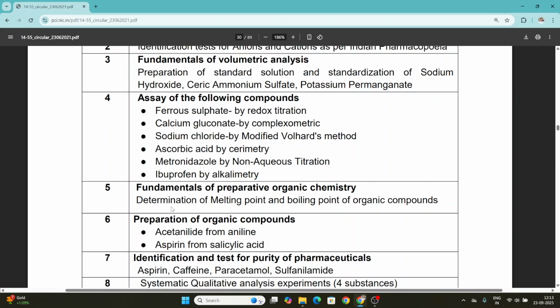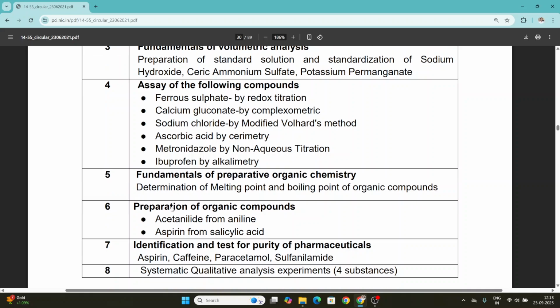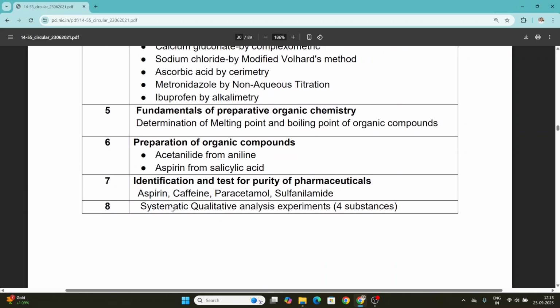5. Fundamentals of preparative organic chemistry, determination of melting point and boiling point of organic compounds. 6. Preparation of organic compounds, acetanilide from aniline, aspirin from salicylic acid. 7.